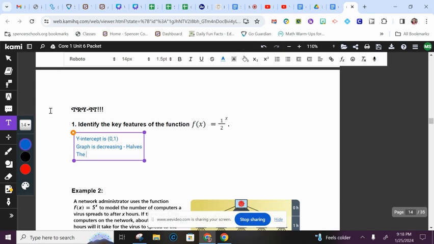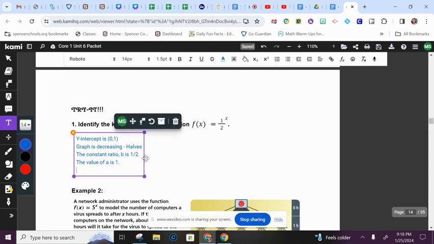You can say that the constant ratio, or the letter B, is 1/2. You can say that the value of A is 1 again, because there is an invisible 1 right there, that would be your A. You are going to notice that the domain again is all real numbers.